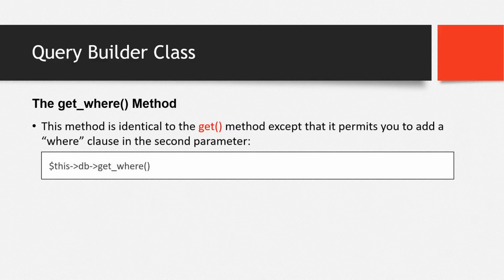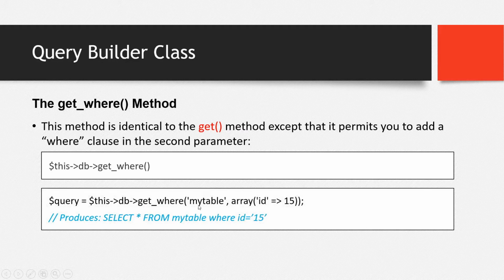So this method is identical to the get method, except it permits you to add a where clause in the second parameter. So having this example, of course, yung first parameter is the table name. Then the second parameter is the where clause, wherein we utilize an associative array, which is the index is the field name, and the value that we are about to compare will be the value of the array.